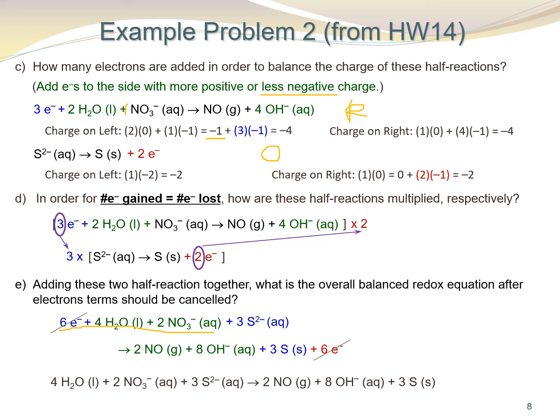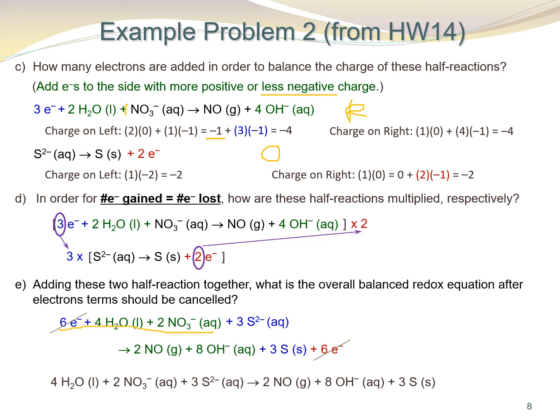Third task is to balance electrons. The easiest way for us to do this is to switch the coefficients of the electrons and let them become the multiples of the other half reaction.